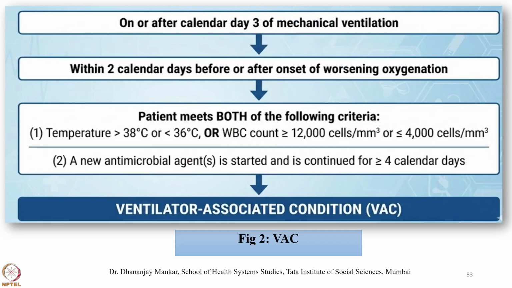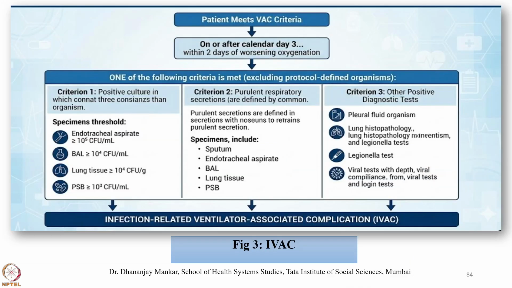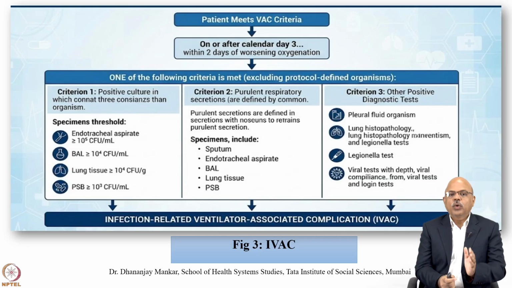On or after calendar day 3 of mechanical ventilation, within 2 calendar days before or after onset of worsening oxygenation, and the patient meets both of the following criteria, that is 1 and 2, you will get a ventilator-associated condition. And here on you have to work on how to reduce it. So the patient meets VAC criteria only on or after calendar day 3, within 2 days of worsening oxygenation. Criteria 1, 2 and 3 are displayed over here.